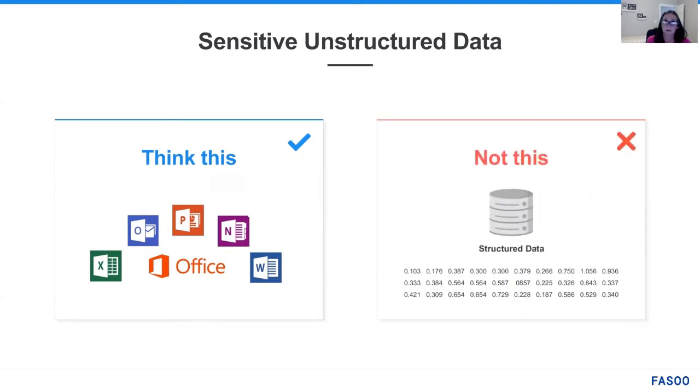I don't want you to think about structured databases mainly because that information that is in a structured database can find its way out and make its way into the Microsoft Office applications. And the point that I'm trying to make here is that unstructured data in files or in document formats don't typically enjoy the same level of security that a structured database has.